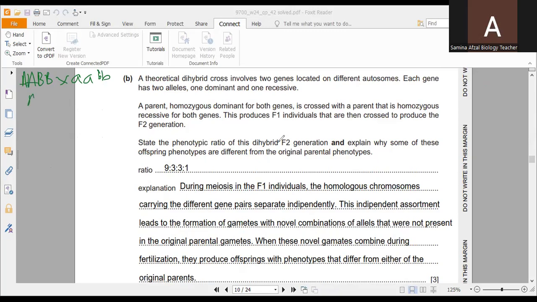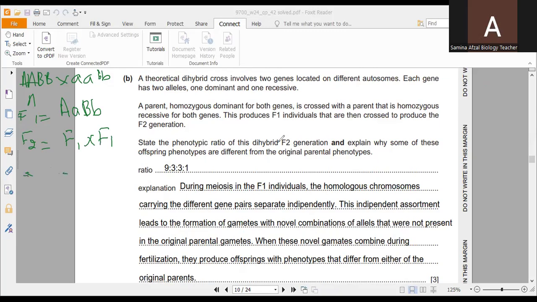So in the F1, all will be capital A small a, capital B small b. Then for the F2 generation, when the F1 individuals are crossed with each other, their gametes will carry all possible combinations of alleles. So F2 is F1 crossed with F1.